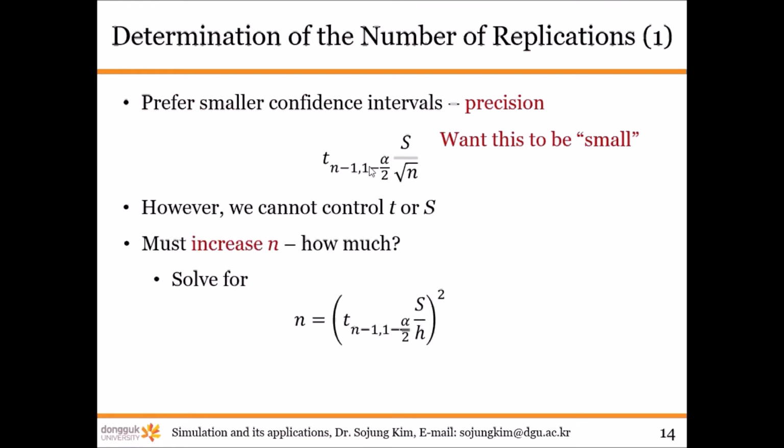However, in order to get high precision, you cannot control the t value or s value, because these two parameters are associated with the process or system, so you cannot change them. The easiest way to increase the precision is to increase the number of replications, so increase the n value. By increasing this value, you can make the half width small, so that you can have higher precision.